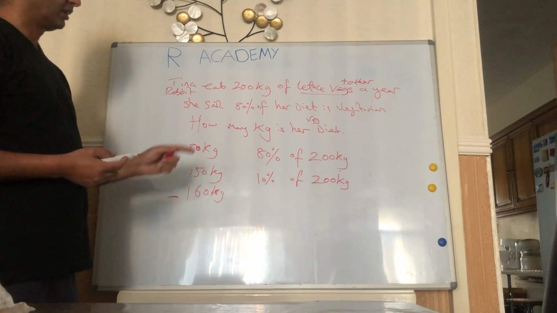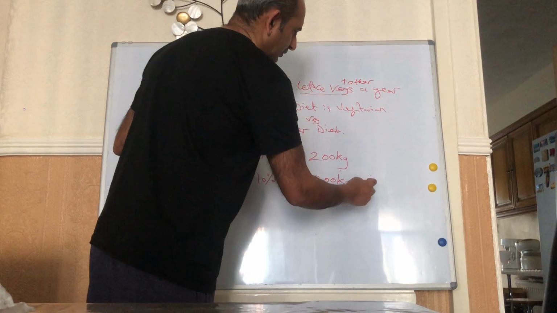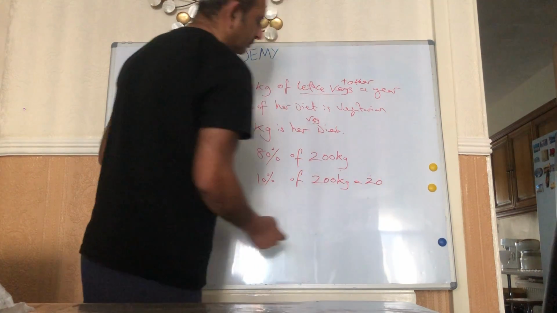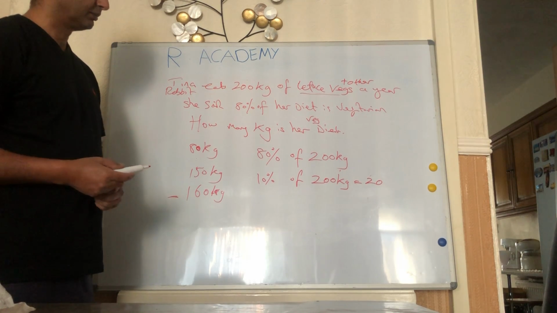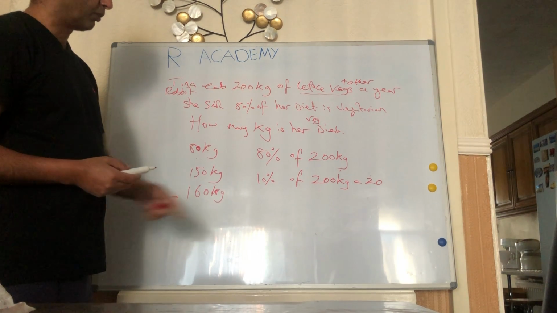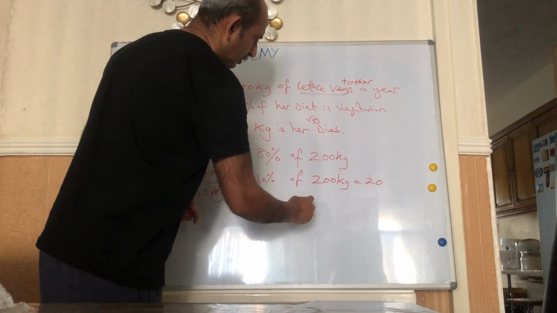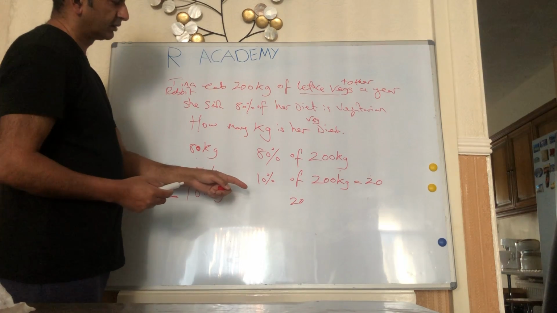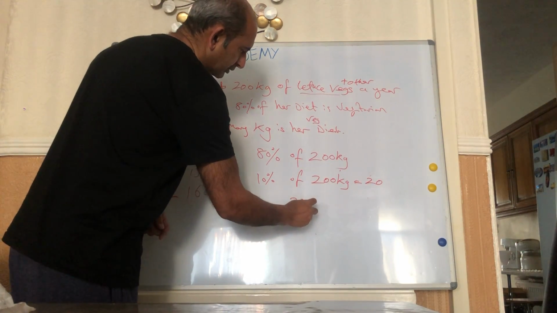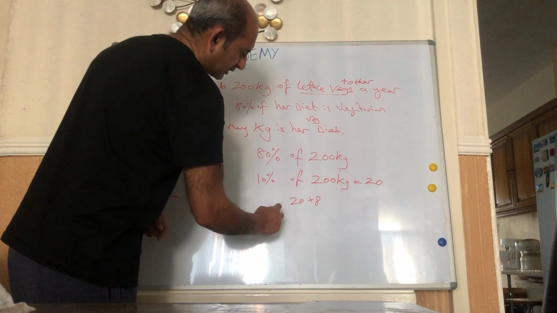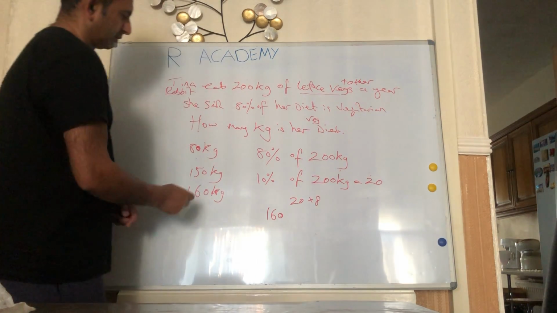So let's try it. 10% of 200 equals 20. Yeah? 10% of 100 is 10, so just double it. Yes? Once you got to 20 now, just times it by 8. So 2 times 8 is 16. Bring the 0 in, 160. So the same answer.